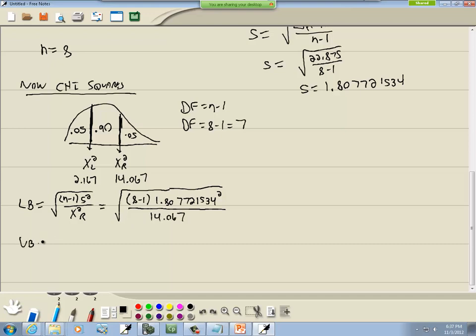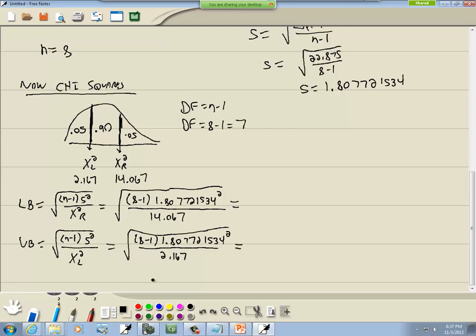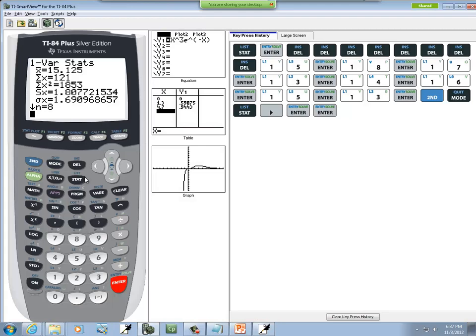Now our upper bound, we're going to have n minus 1 times s squared over the left chi-square. So we'll have 8 minus 1, 1.807721534 squared over left chi-square, which is 2.167. Okay.